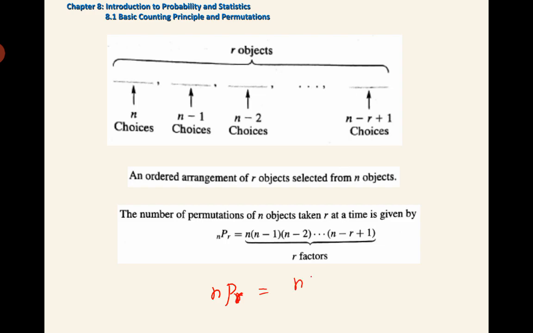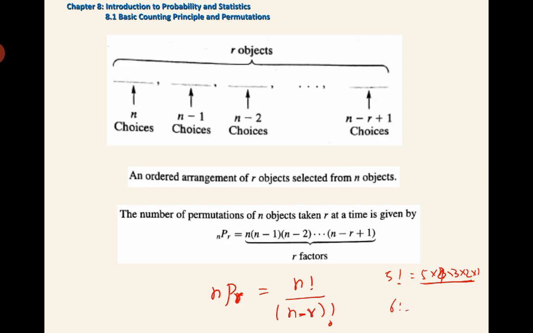The formula is n factorial over n minus r factorial. What is factorial? When you write 5 factorial, it means 5, 4, 3, 2, 1. From 1 to 5, multiply all the natural numbers. If it is 6 factorial, 1 to 6, isn't it? In this way you should go ahead.